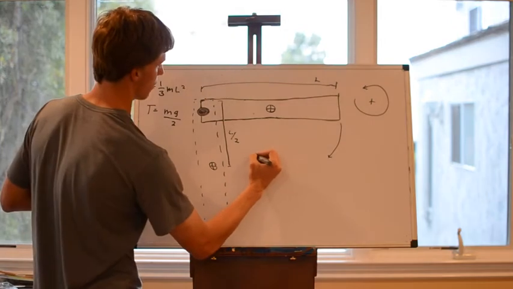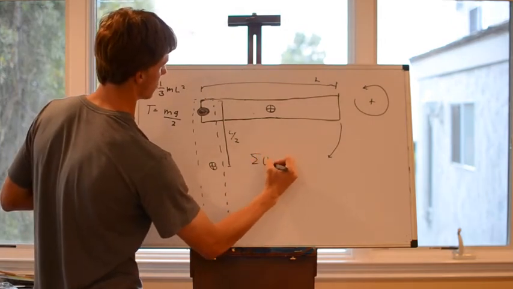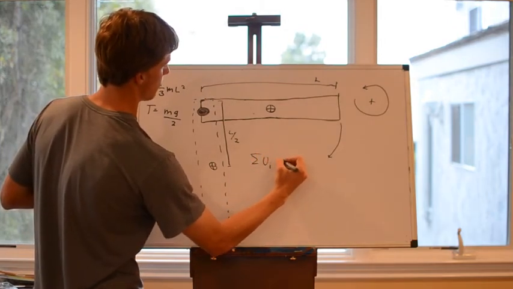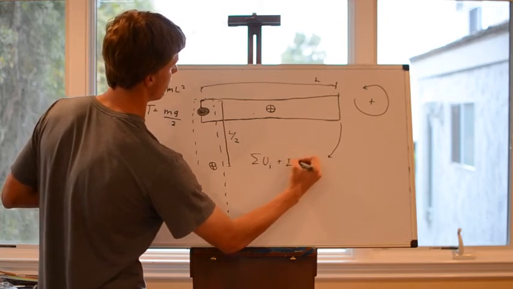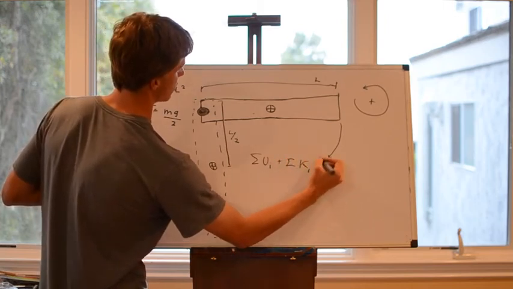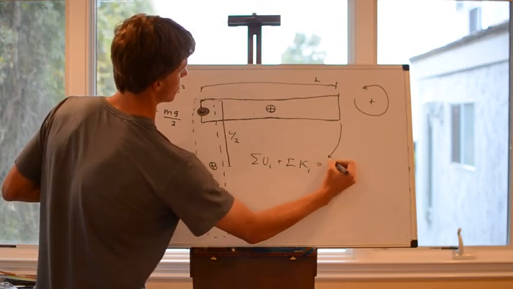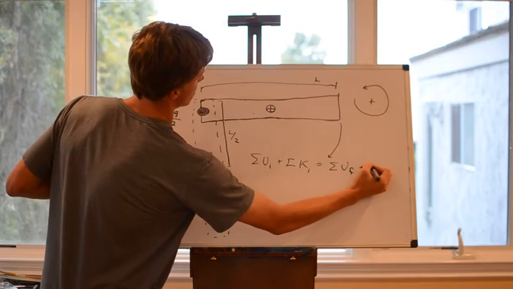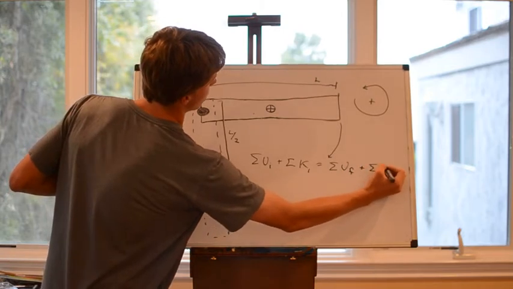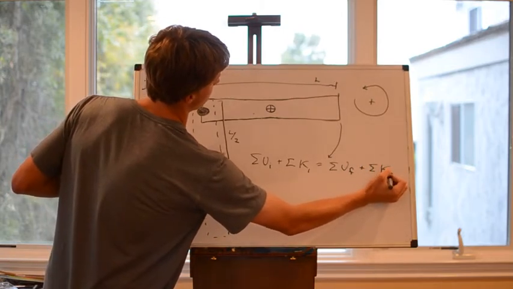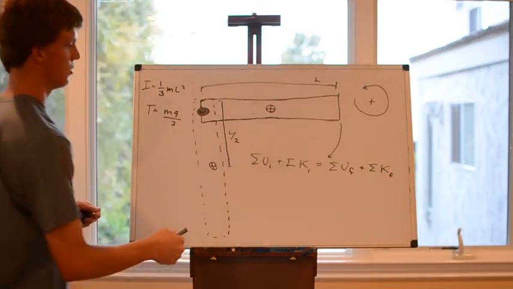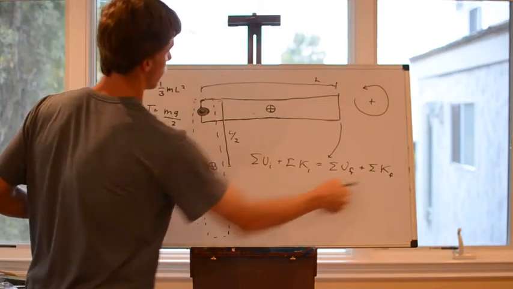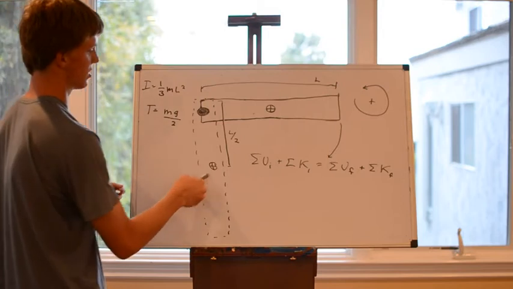So we'll start with the sum of the potential energies to start, plus the sum of the initial kinetic energies, and those are equal to the sum of the final potential energies plus the sum of the final kinetic energies.